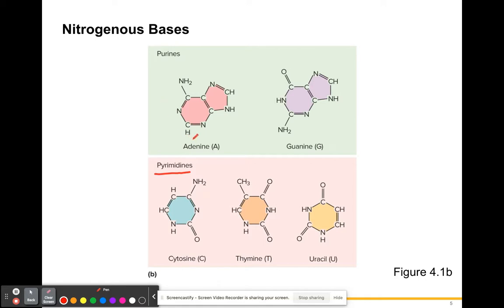So we need to know that adenine and guanine, A and G, are purines, and that C, T, and U are pyrimidines because they have single ring structures. These are our options to make nucleotides. This structure could be attached to a phosphate and a ribose, or this structure, or this one, depending on if we're talking about DNA or RNA. This one is only found in RNA, where these are found in DNA.